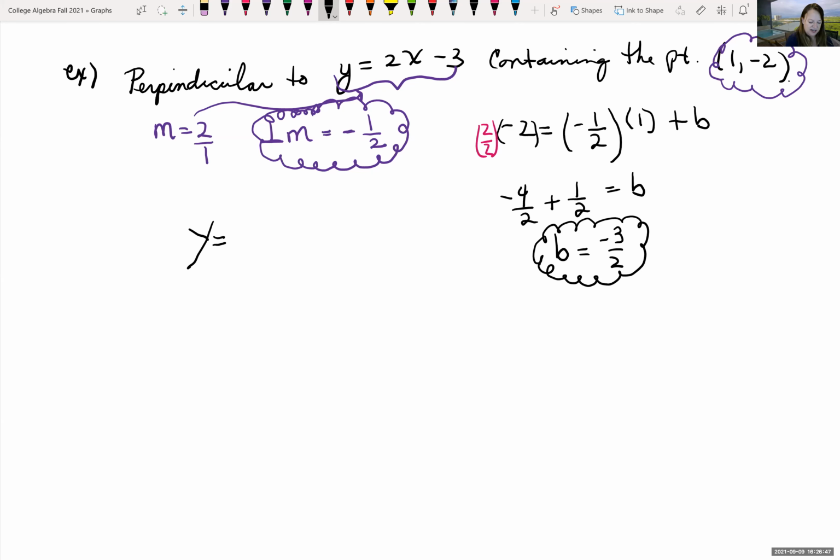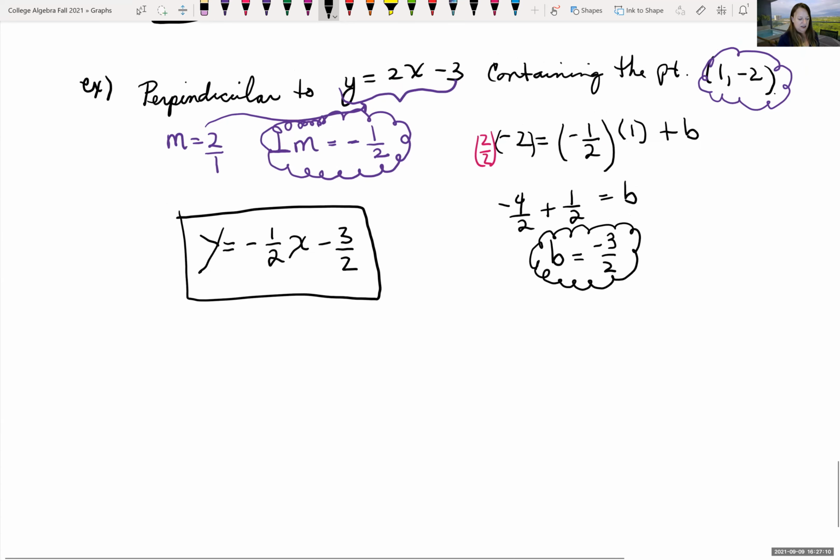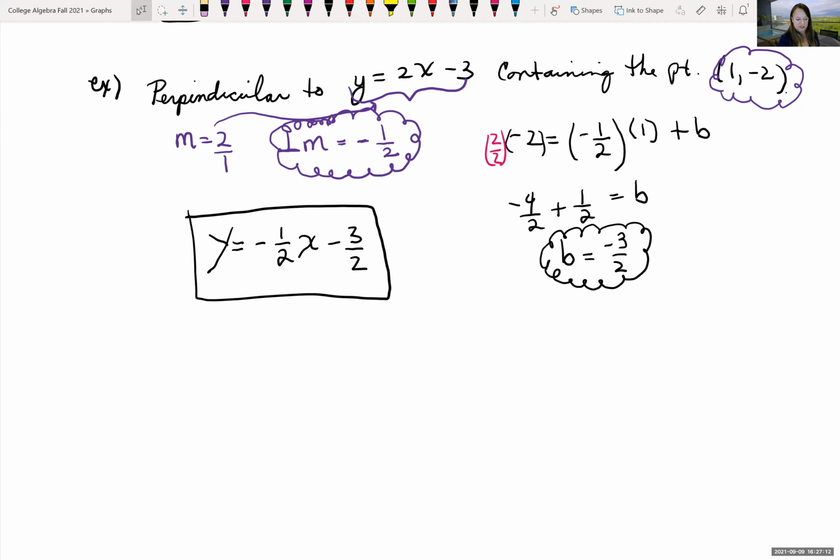So our equation of the line is y is equal to -1/2 x minus 3/2. Okay, so that is the section on graphing equations of lines and finding equations of lines.